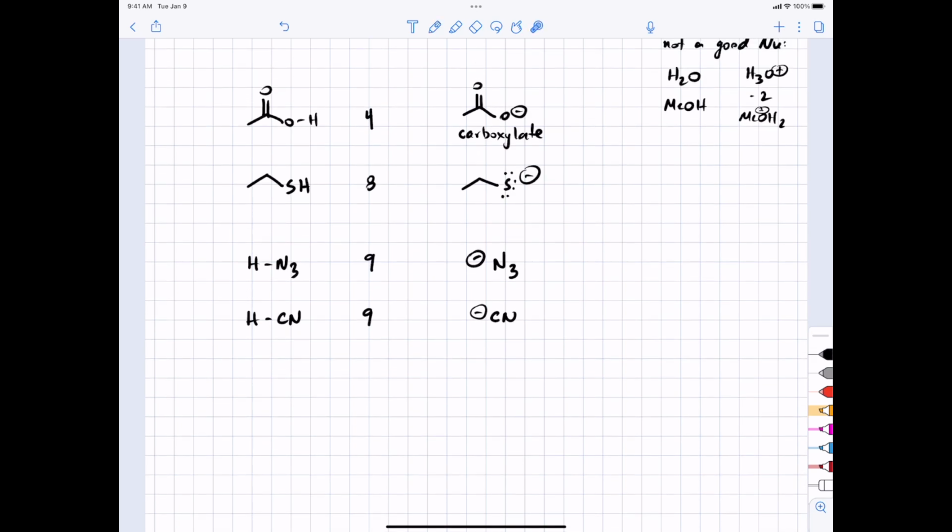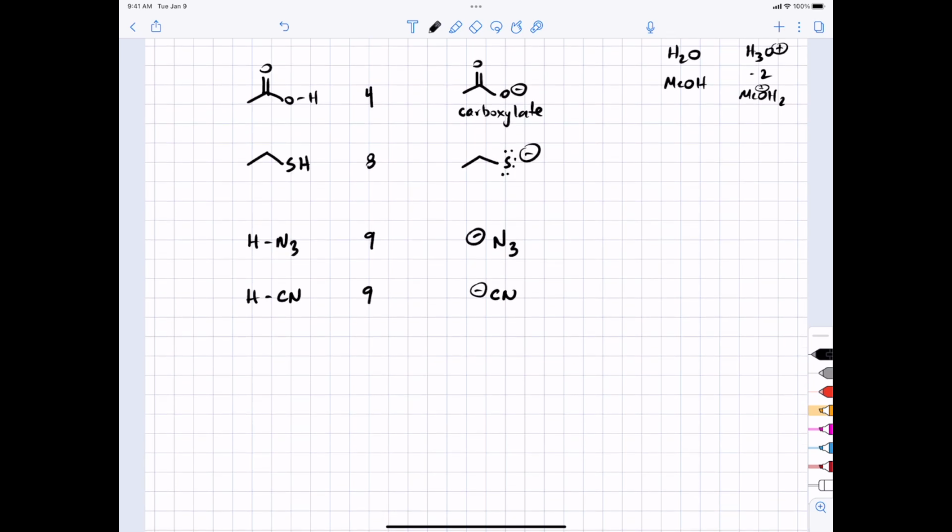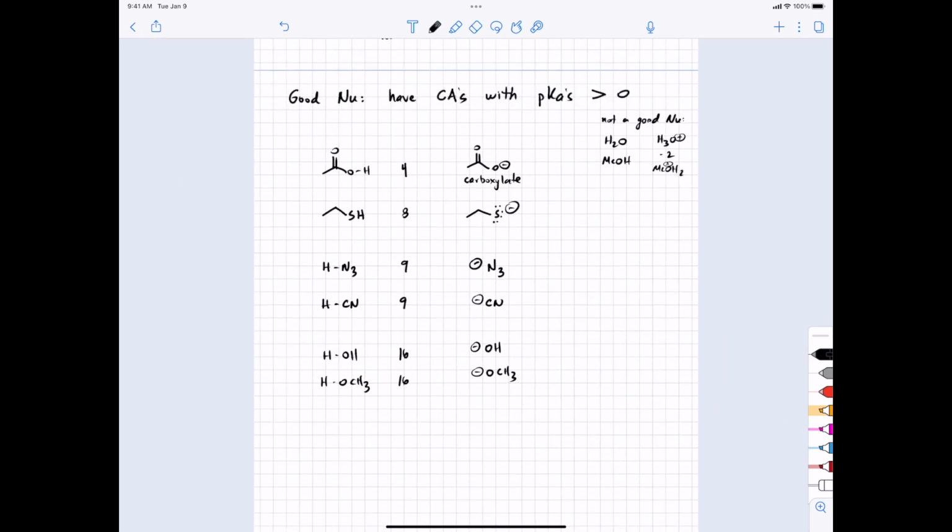And let's see, what else am I missing here? Yeah, hydroxide is a good nucleophile. Oops, wrong column, because its conjugate acid has a pKa of 16. Also, alkoxides, conjugate acid, the alcohol, also has a pKa of 16.